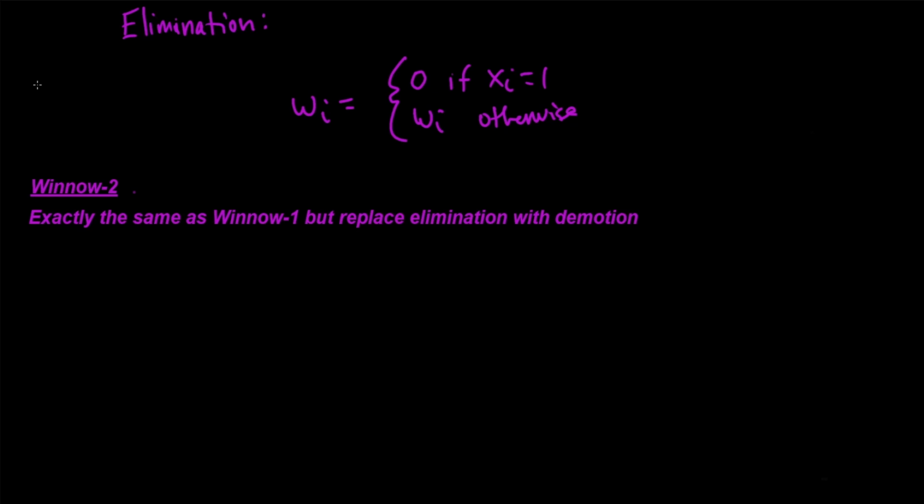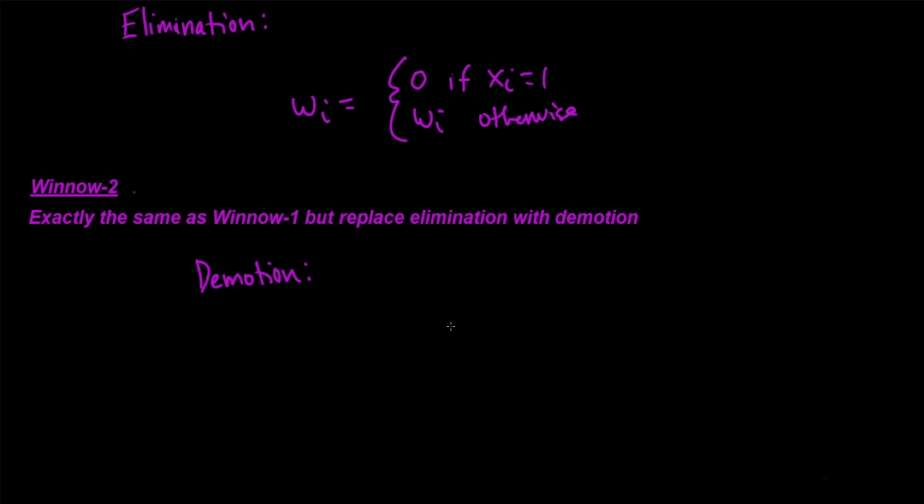All right, and that brings us to Winnow-2. Winnow-2 is exactly the same as Winnow-1, but we're going to replace the process of elimination with the process of demotion. So in Winnow-2, in the case that the learner predicts a 1, but the correct answer was 0, we're going to follow the process of demotion instead.